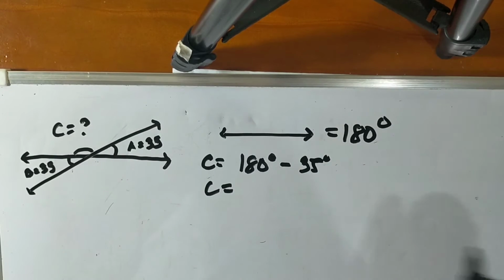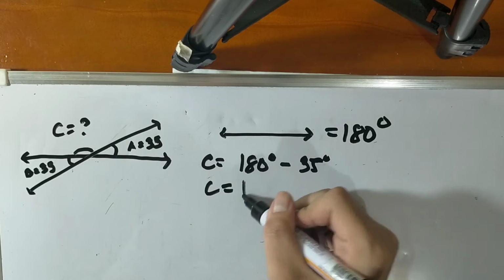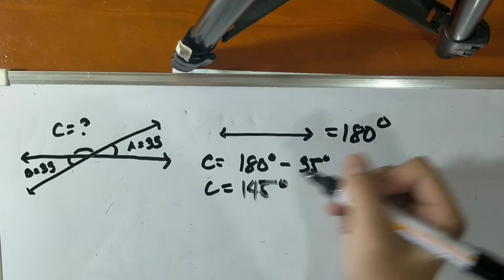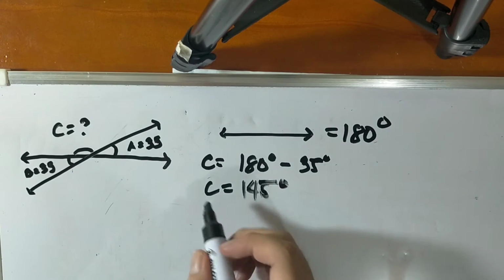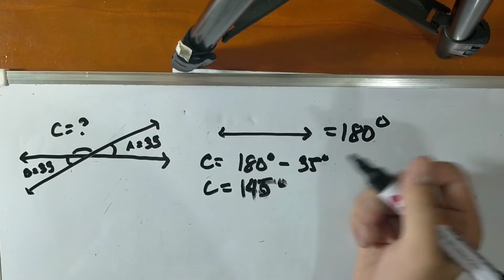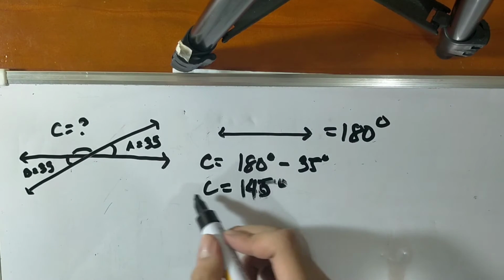We deduct 35 degrees, so the result will be 145 degrees. Since it is congruent, angle D also has 145 degrees.